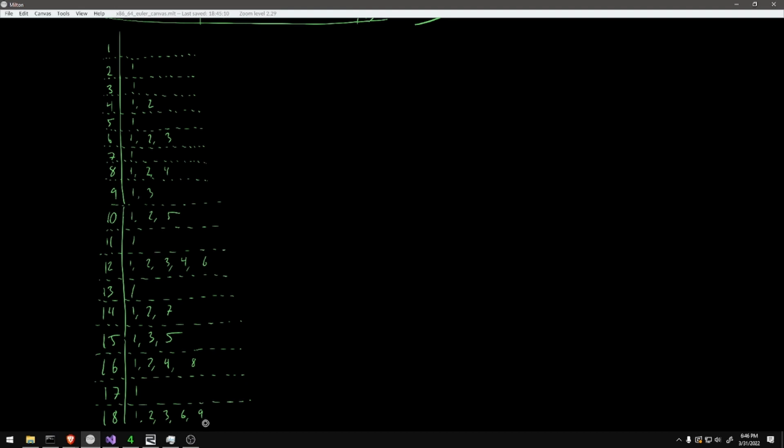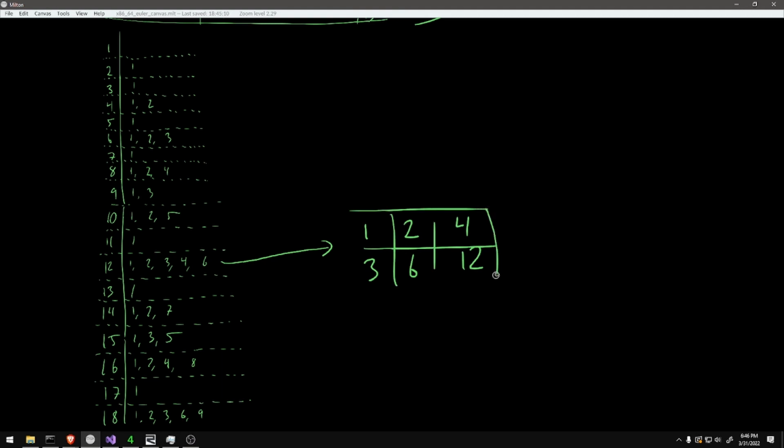I was looking at the sum of all the proper divisors, and it occurred to me all of a sudden, staring at these patterns, that it would be slightly easier to compute the sum of all the divisors, including n itself. So if you remember, I was saying the proper divisors of 12, as an example, don't include 12, but the list of all divisors is only different because it includes 12. That's the only number that is in the list of all divisors of 12, but not in the list of proper divisors of 12.